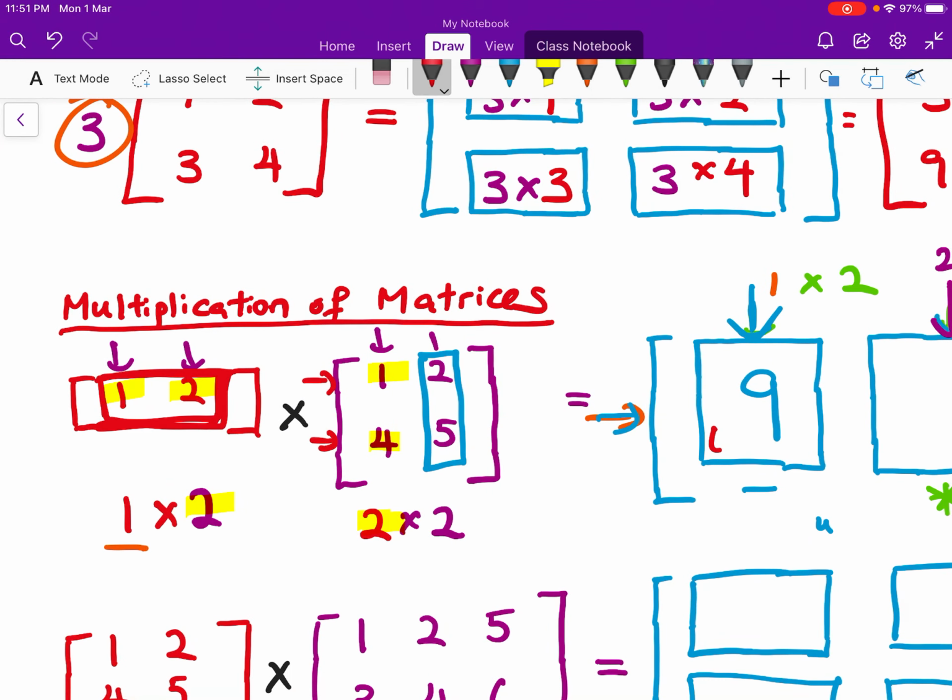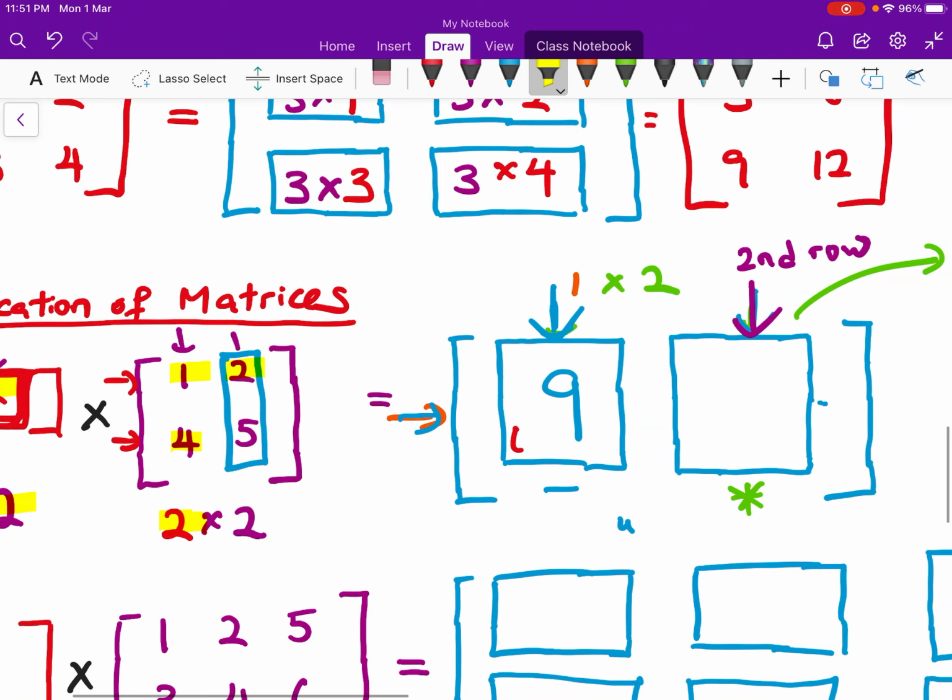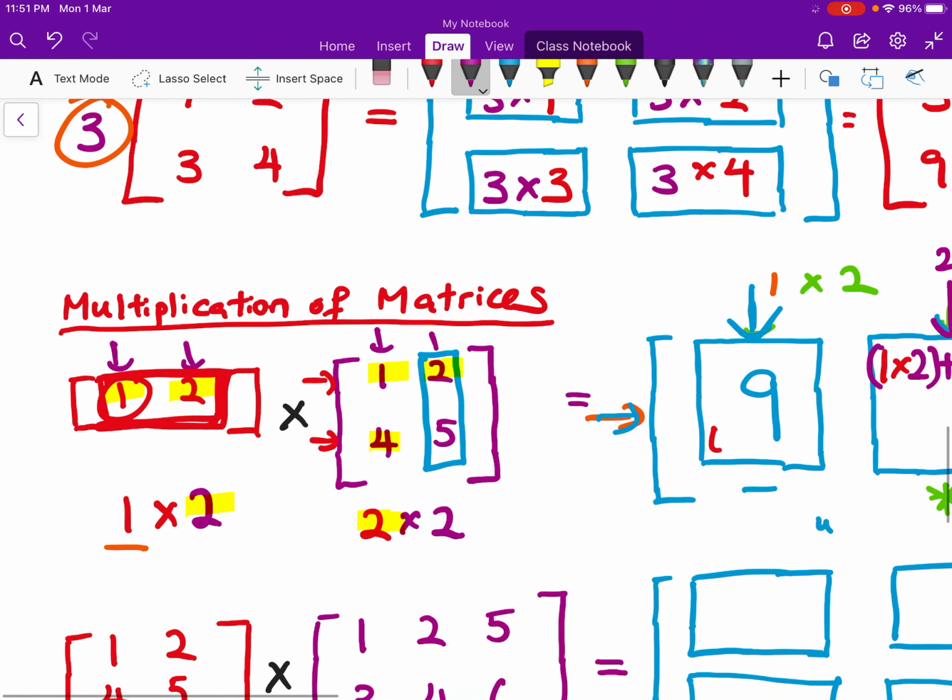Same thing: first number, which is this, times the first number of your second row. 1 times 2. Of course you must bracket, and plus second number, which is 2, times your second number of your second row, 2 times 5.